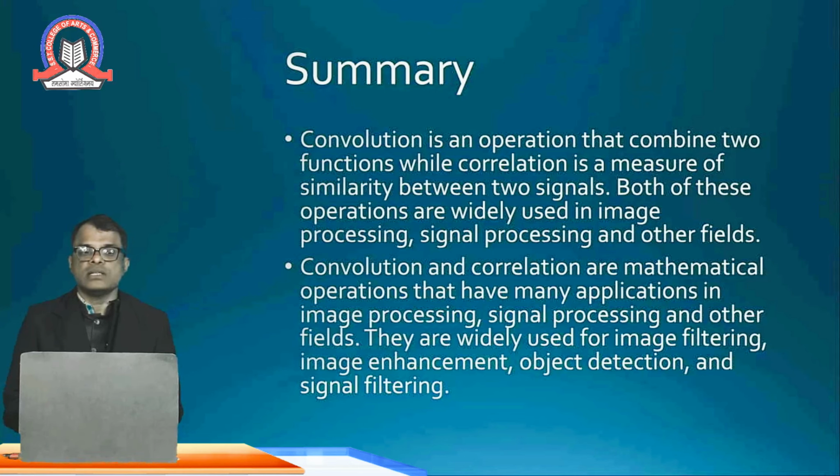When you want to apply some effect to it, we have some matrix with us. That matrix we have to multiply with our original image matrix, and that multiplication, that is convolution or correlation, produces a new matrix. In that new matrix you will get the image with the desired effects. So that is how convolution and correlation work.